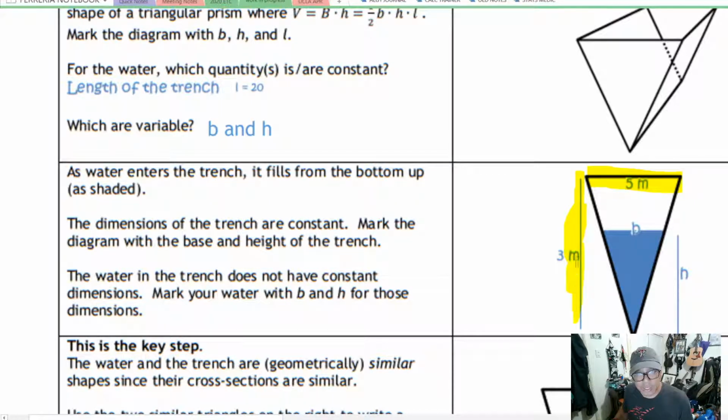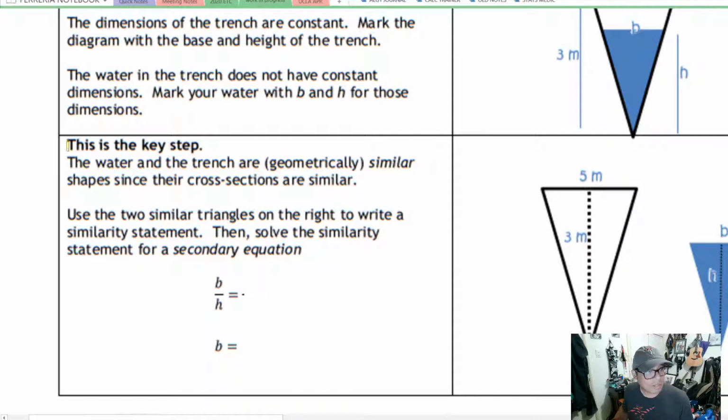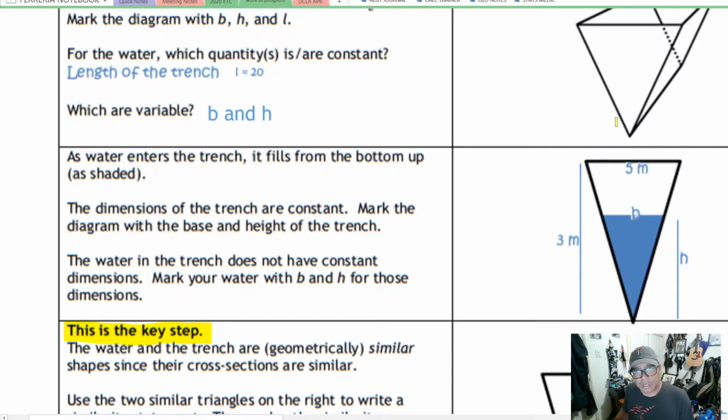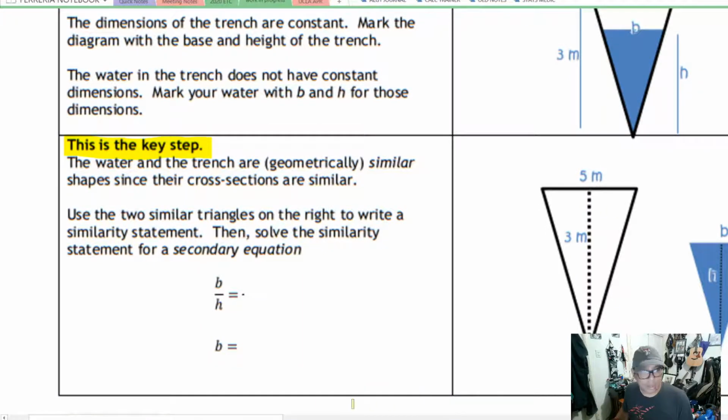Now that's constant, that's not changing. So we've marked them on our diagram. And this is the key step. Because this is going to allow us to simplify our model. If we take these two triangles apart, they look like this.